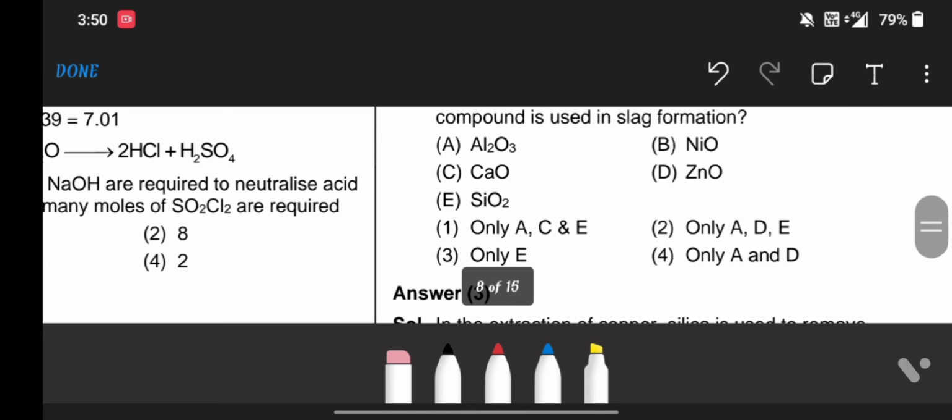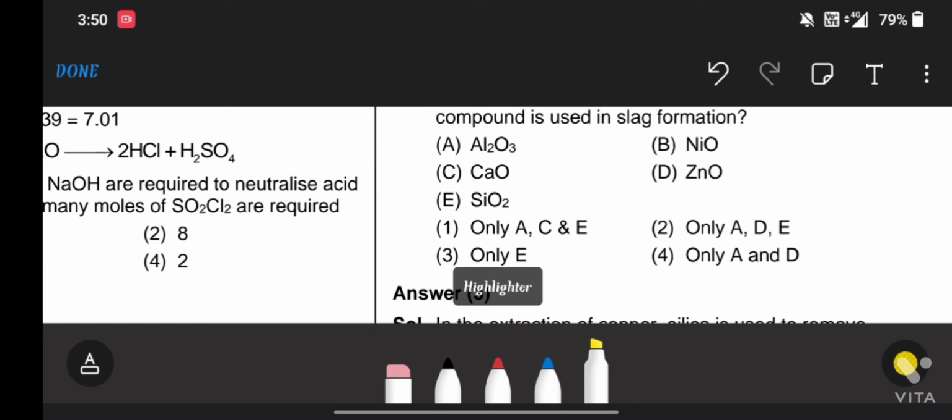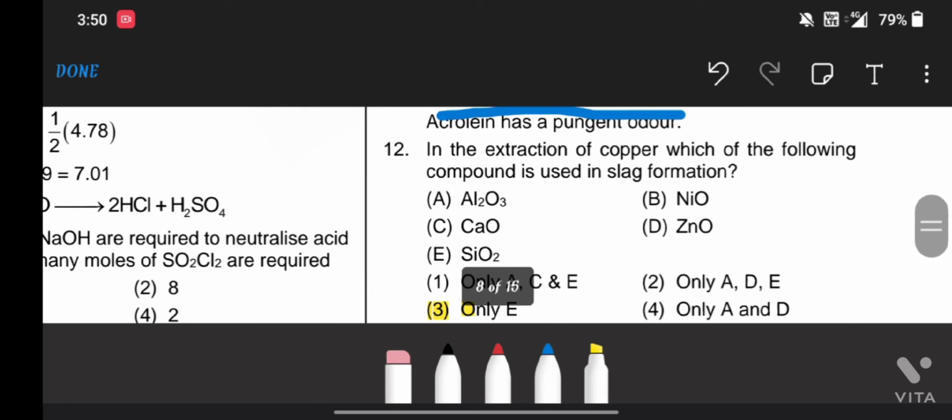So therefore SiO2, silica, is the only correct one. So only E, option C, is the correct answer for question number 12.